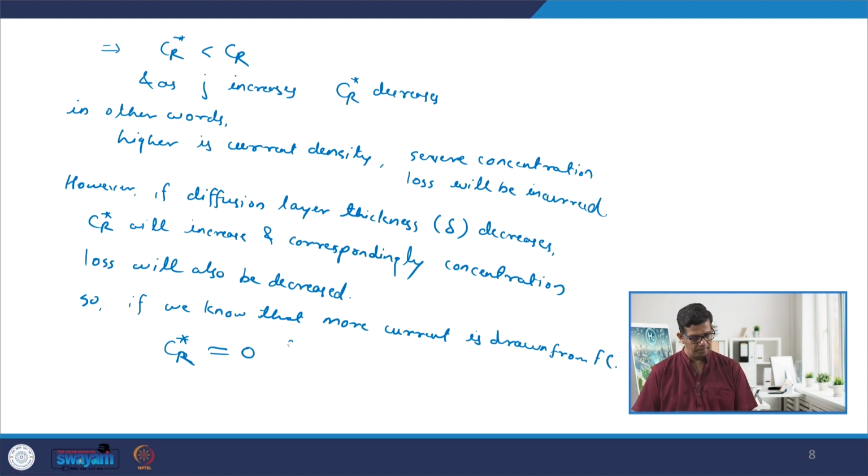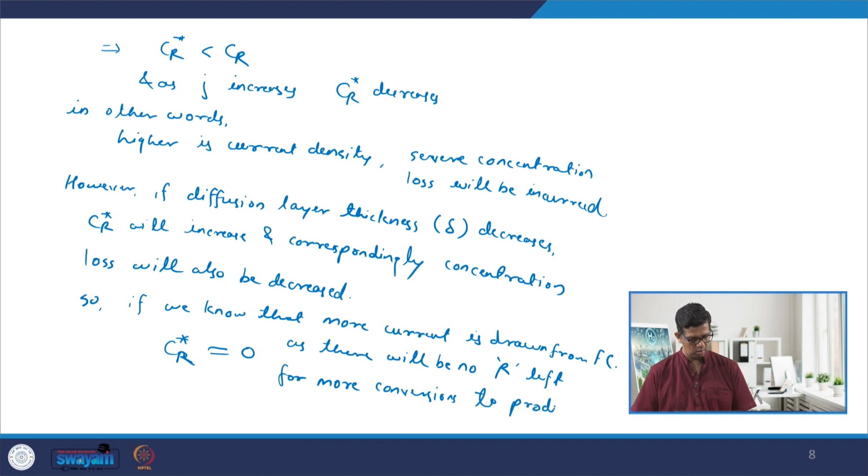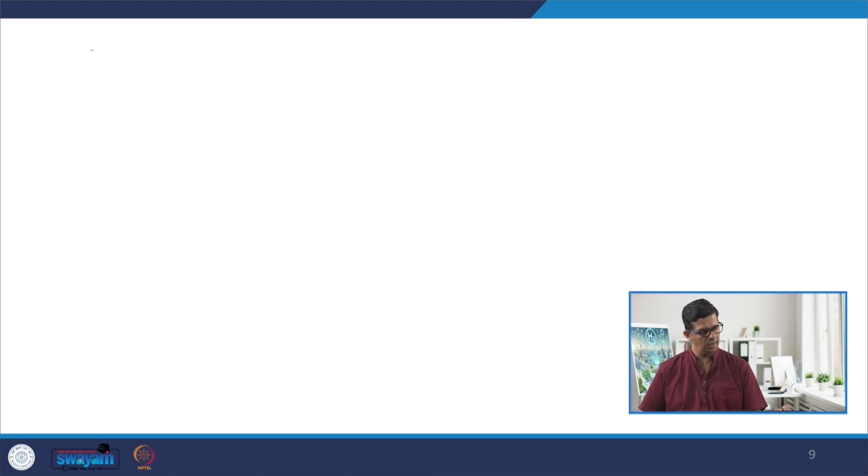Because there will be no reactant species left for more conversion to product. So, what does it imply? That implies J is equal to JL.